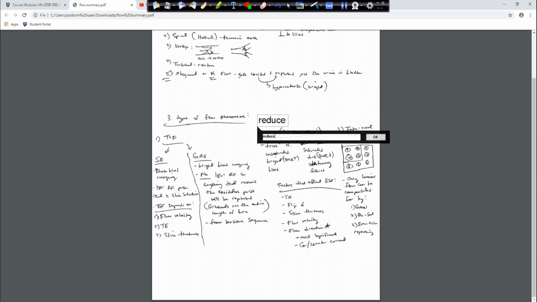So we get a reduced entry slice phenomena when we have more saturation. So whatever creates more saturation, we get a reduction in entry slice phenomena.